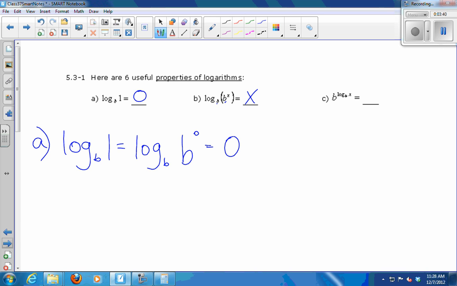So for C here, we have b to the log base b of x. What do you think it is? I've heard a couple people whisper it with not very much confidence.